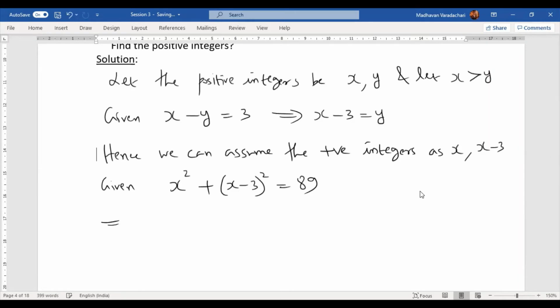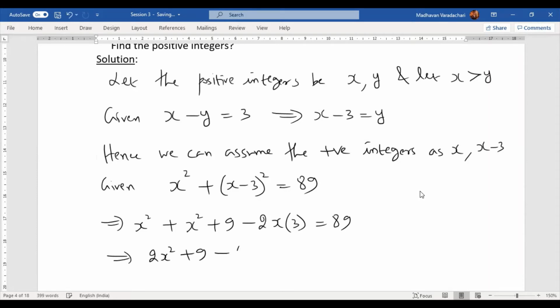Let us expand it. x square plus a minus b the whole square, a square plus b square minus 2ab is equal to 89. So this is 2x square plus 9 minus 6 times x minus 89 equal to 0.